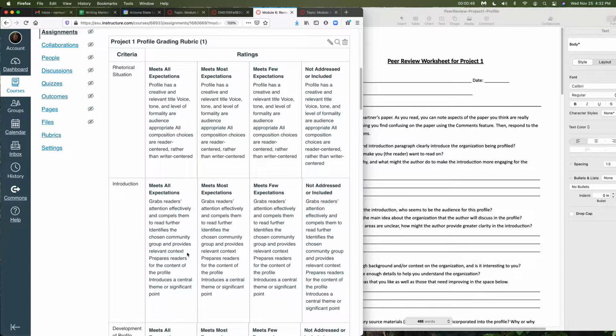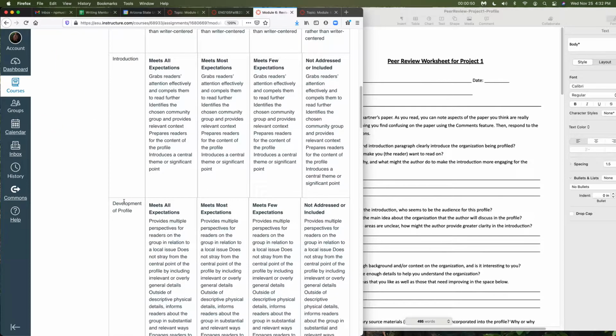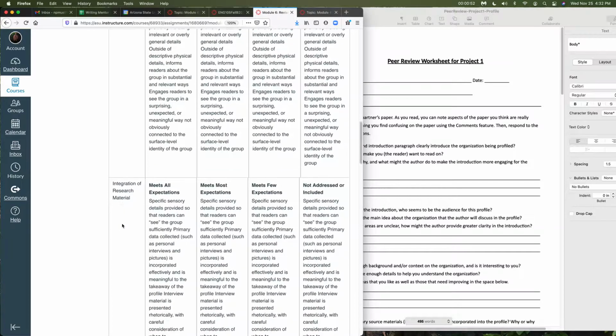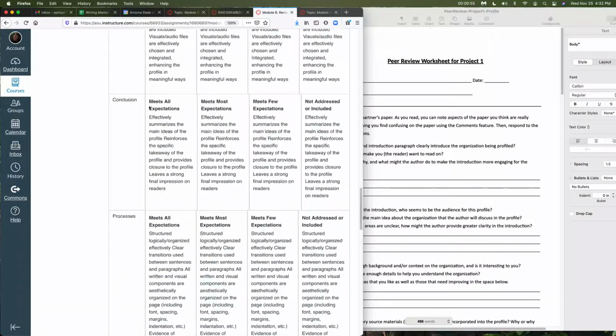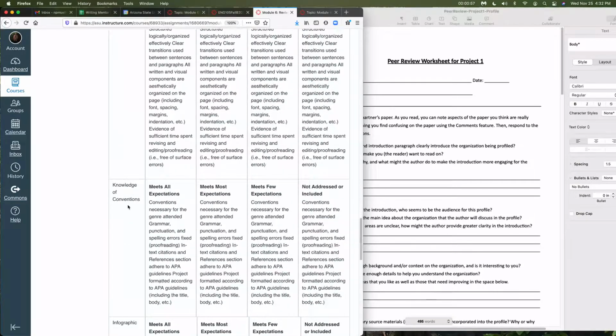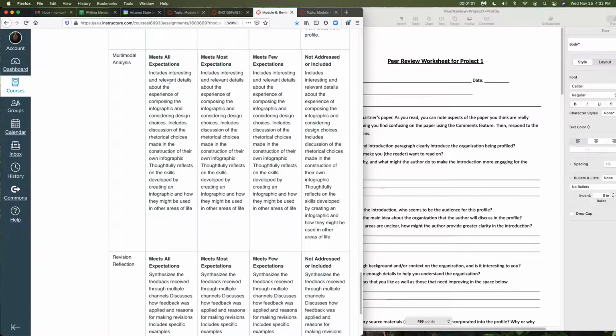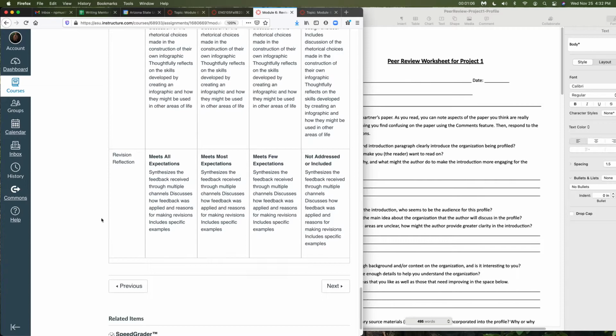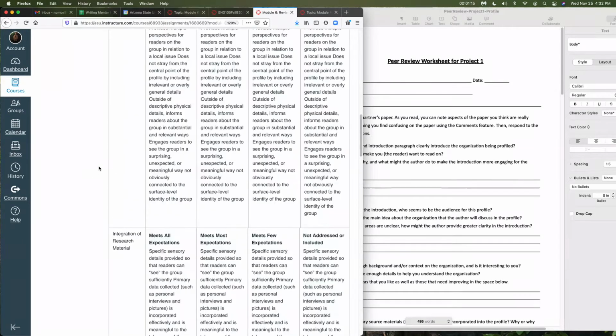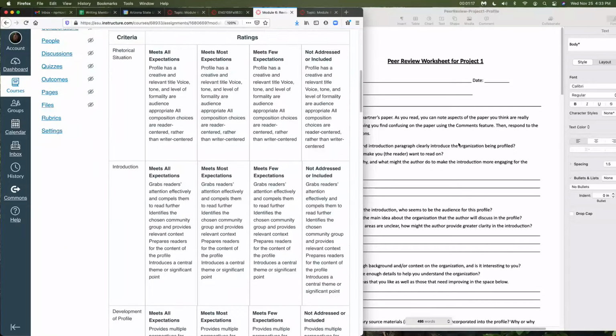So consider this your checklist for the rhetorical situation, introduction, developments to the profile, integration of research materials, conclusion, the writing processes, the knowledge of conventions, the infographic, and not so much the multimodal analysis for your draft, but then your revision reflection could help. Think of your cover letter self-assessment in this regard, perhaps. All right. That is a pretty big checklist.